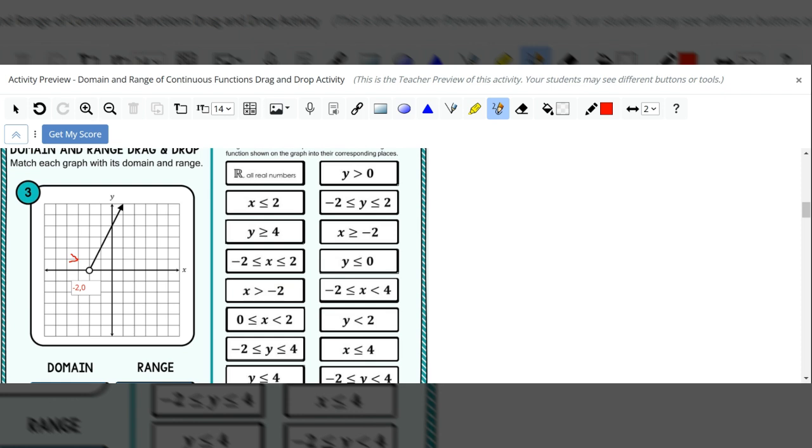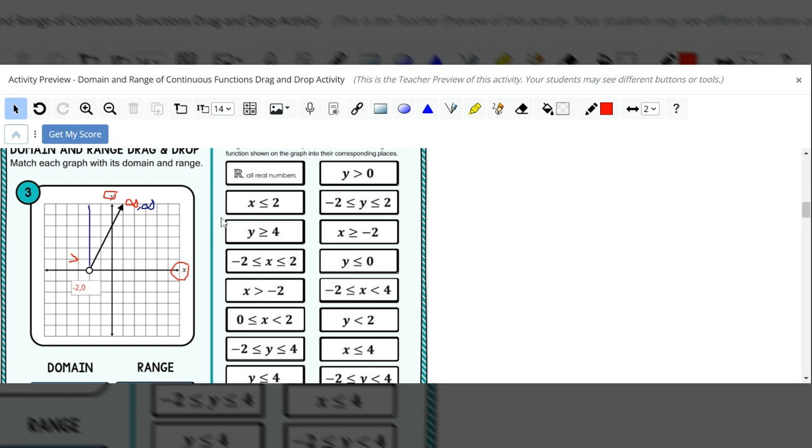Now let's look at the arrow mark here. My x here is positive, so my infinity here is positive. My y here is positive, so my y infinity is also positive. Okay, now let's find the domain. The domain starts from this number.